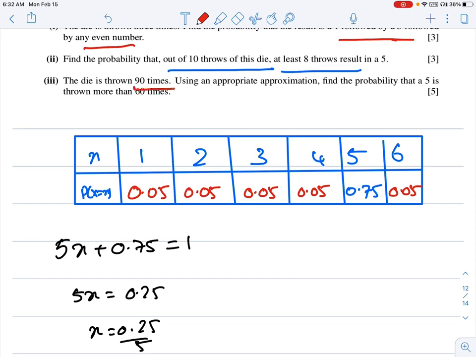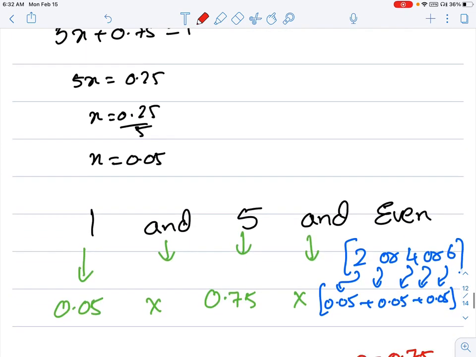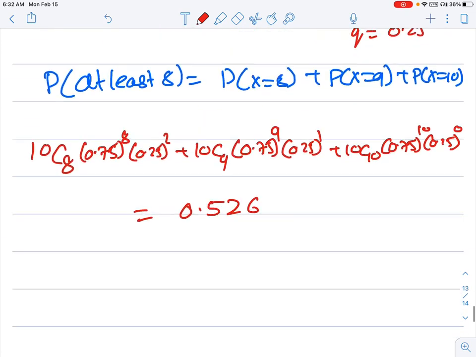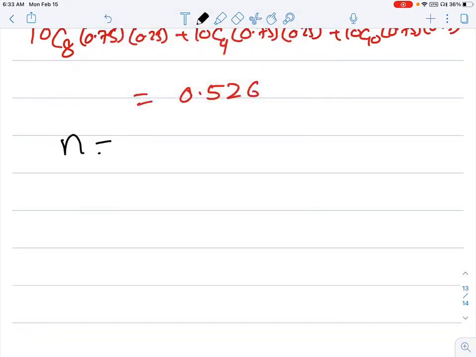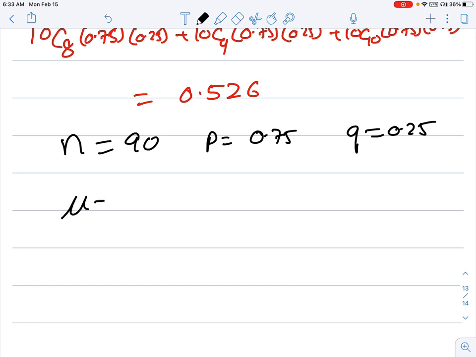A die is thrown 90 times. Using the approximation, find the probability that 5 is thrown more than 60 times. So n is equal to 90. Success is 5, and q is the failure, 0.25. So find the mean np, which is 90 times 0.75, which is 67.5.